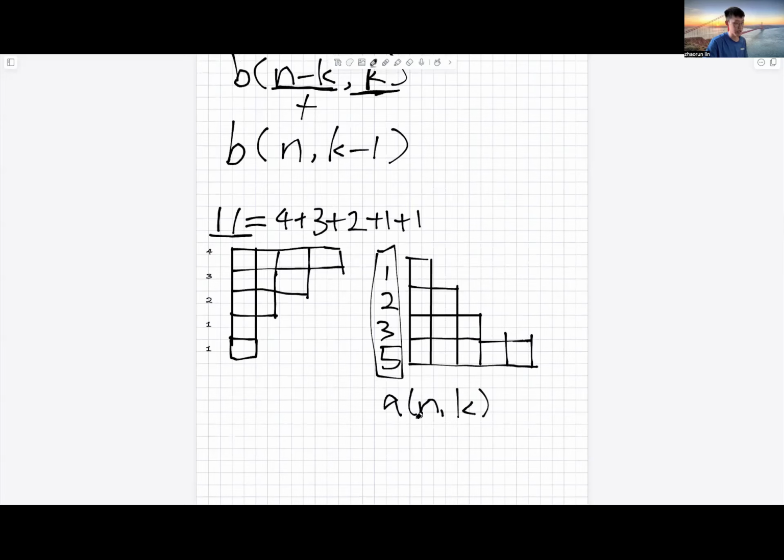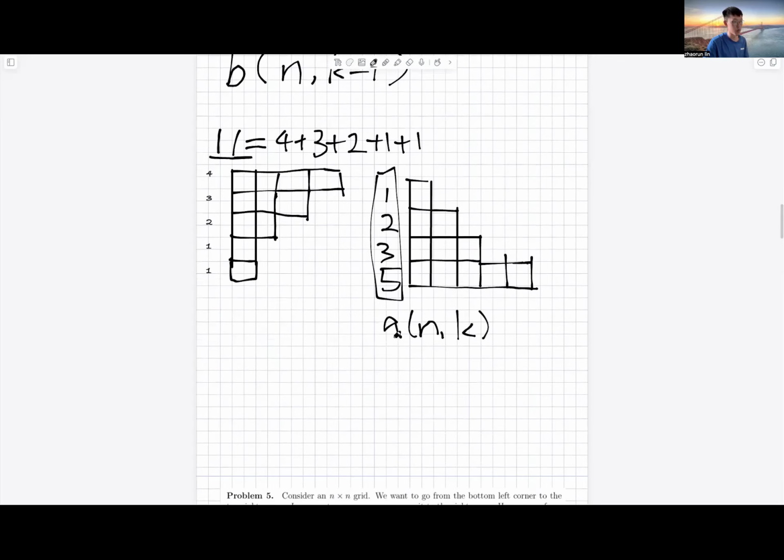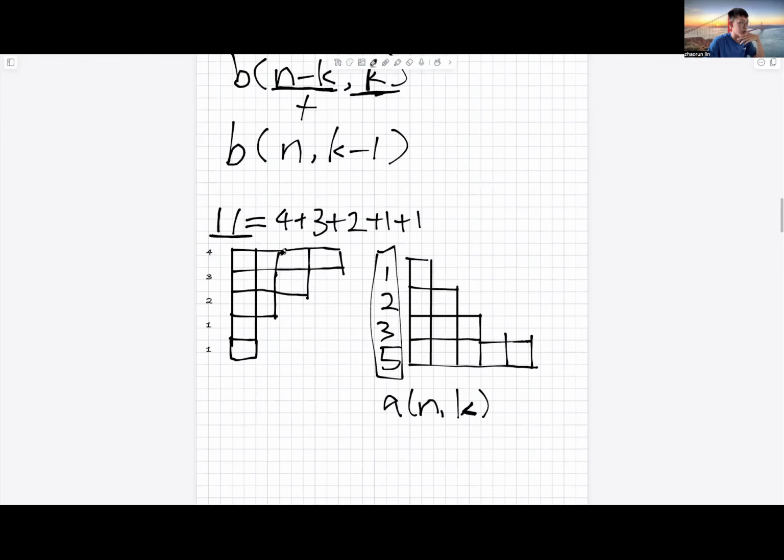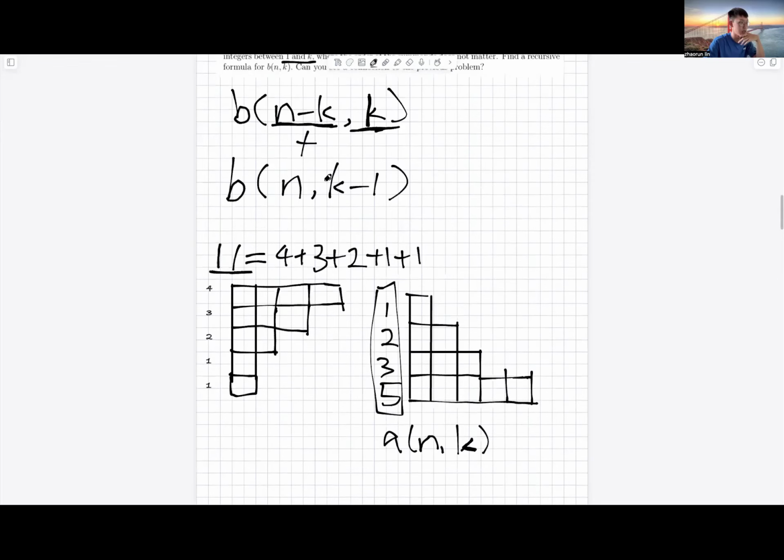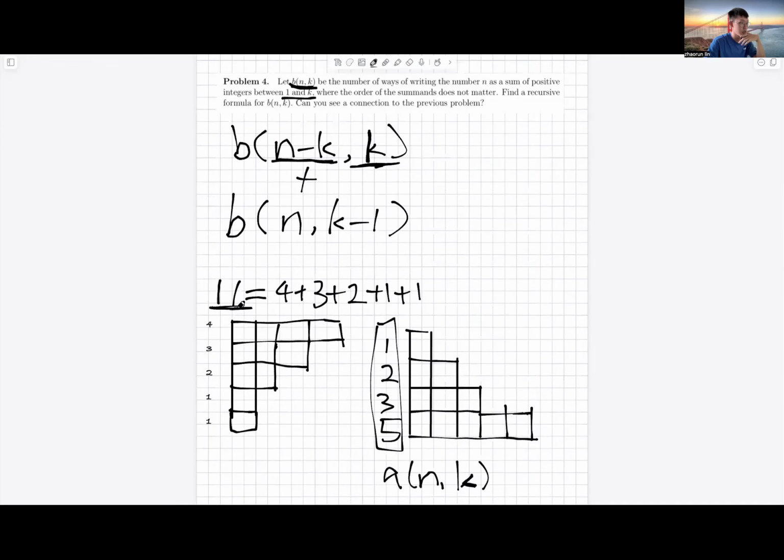Because we define A(n, k) as the number of ways to write n using k integers, so we are using 4 integers. And here, this is one of the possibilities of writing 11 using integers between 1 and 4.